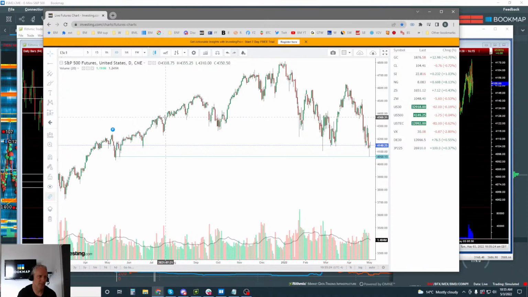Here's your kind of structural break, and now buyers above it, and then inches higher, and then boom, pullback. So it's not too convincing, this kind of move here. It's kind of nervous bullish action, basically.